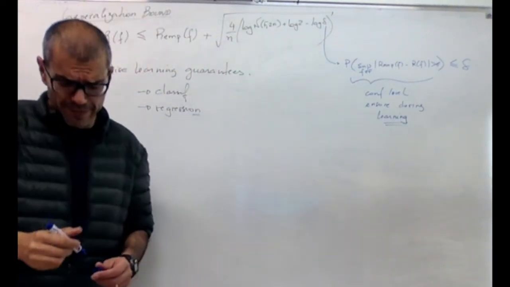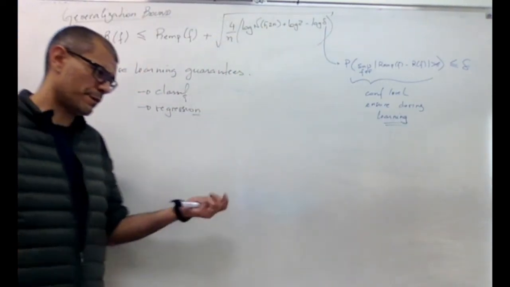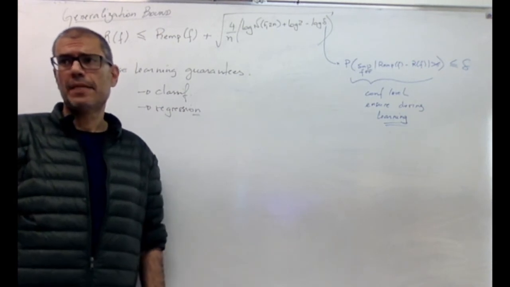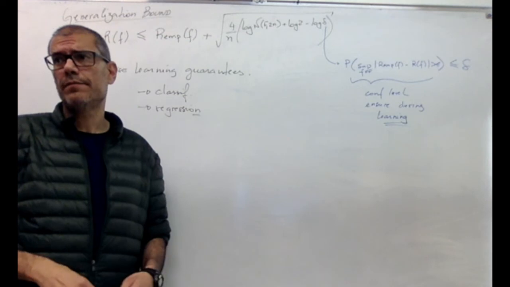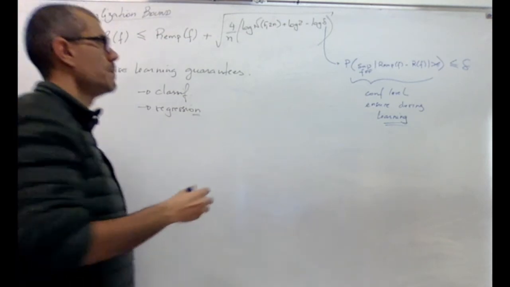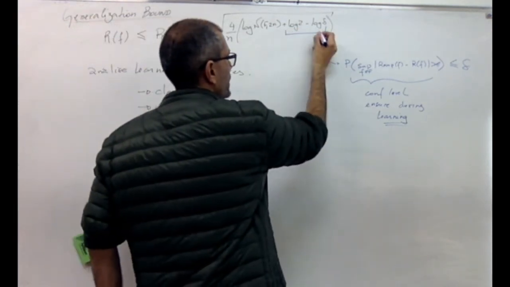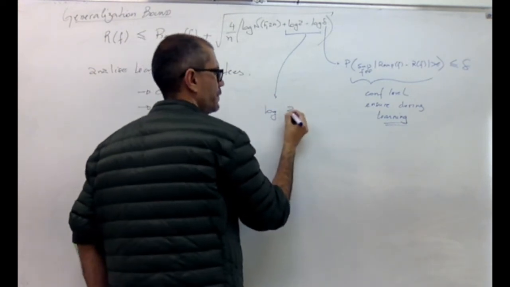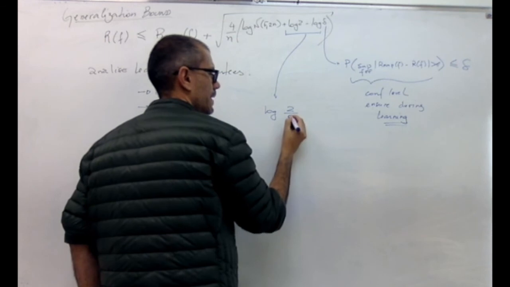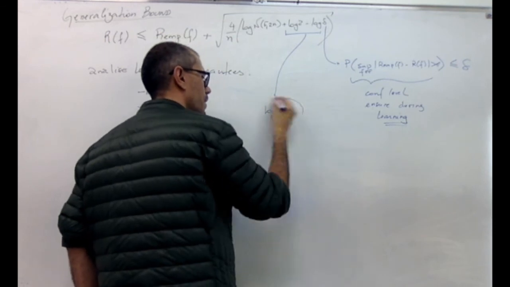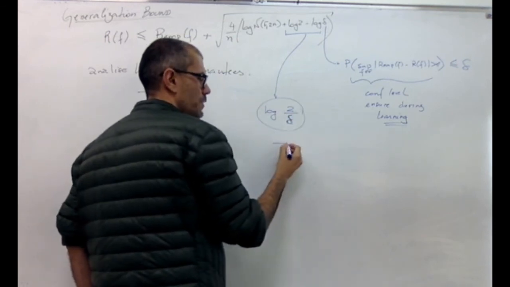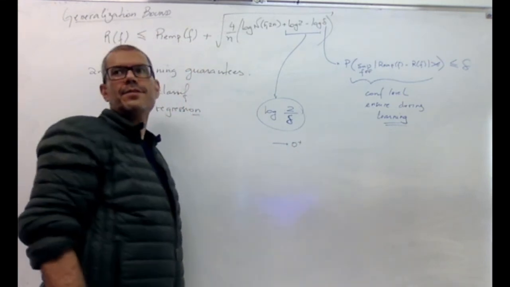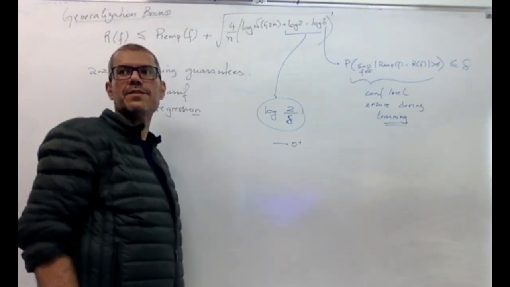Of course, if I define delta to be like 0.5, it's going to be easier. But if I define it to be very small, of course I will have some impact here, because this is going to be the log of 2 divided by delta. And if delta approaches 0 from the positive side, this turns out to be infinite.